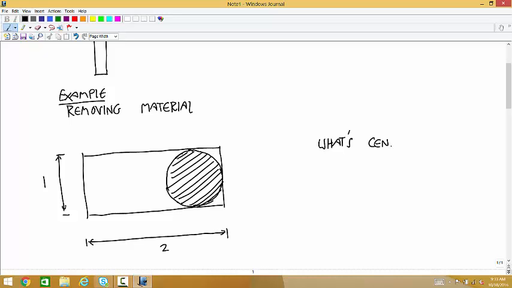What's the centroid of this shape? By the way, the circle comes right up to the edges like this. You can tell that the radius of this circle is half. You know, the diameter is 1.